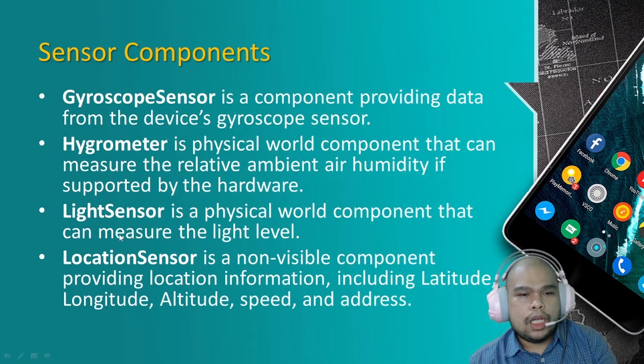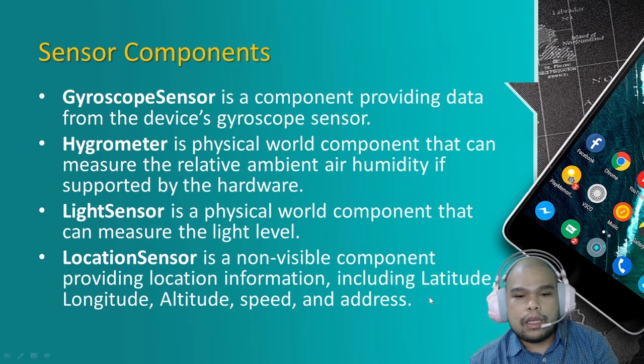You have your clock, gyroscope sensor, a component providing data of the device gyroscope sensor or yung kanyang 3D orientation. Hygrometer, physical world component that can measure the relative ambient air humidity if supported by the hardware. Light sensor is a physical world component that can measure the light levels.